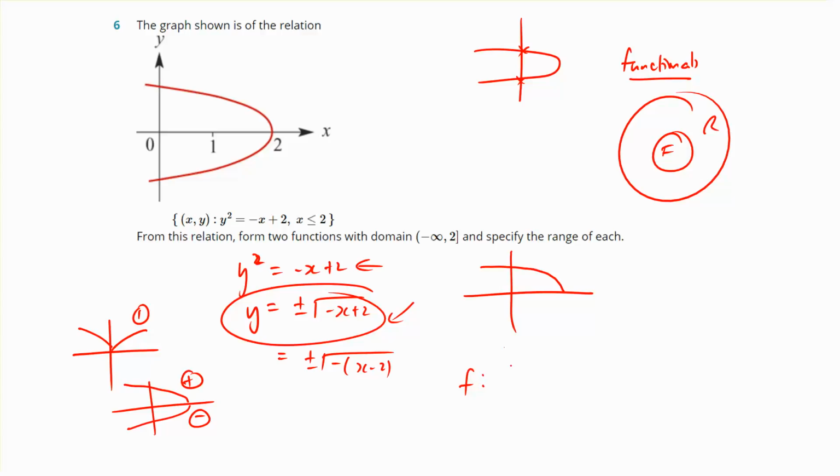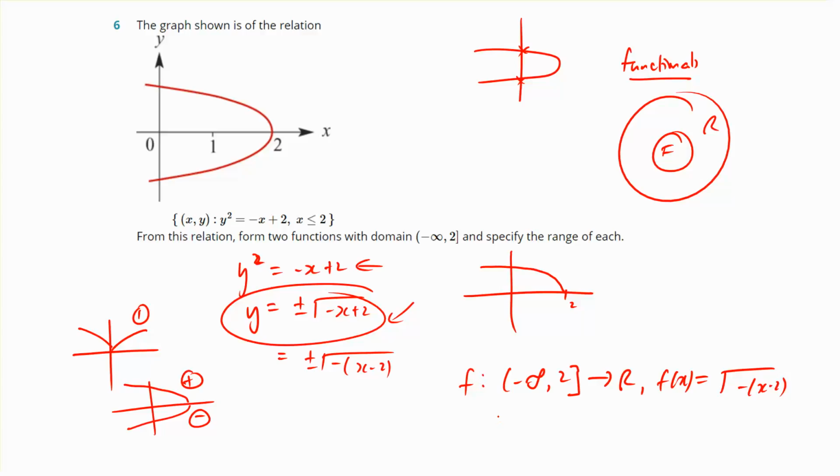You always have to write the domain to specify the function: f from negative infinity to 2, including 2, into the reals, and then you write the rule, f of x equals the positive version, root of negative (x minus 2).